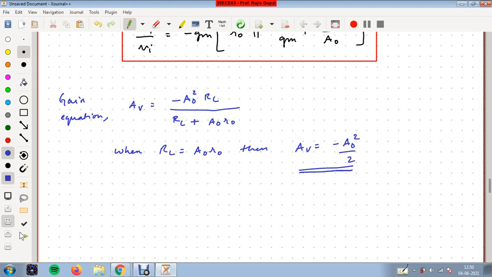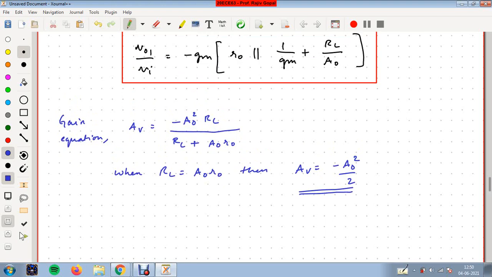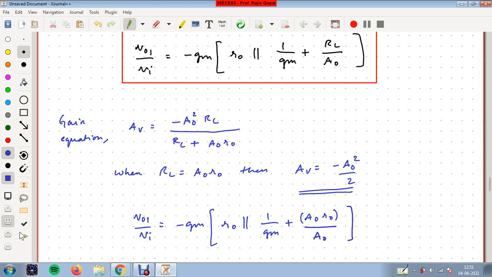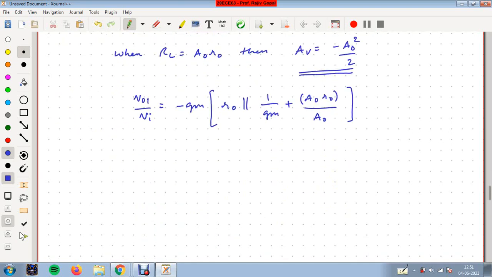Alright, simple. Now similarly, if I put it in V naught 1 by Vi, you will get minus GM into R naught parallel 1 by GM plus A naught times R naught, divided by A naught. So here you will get minus GM, A naught will get cancelled.